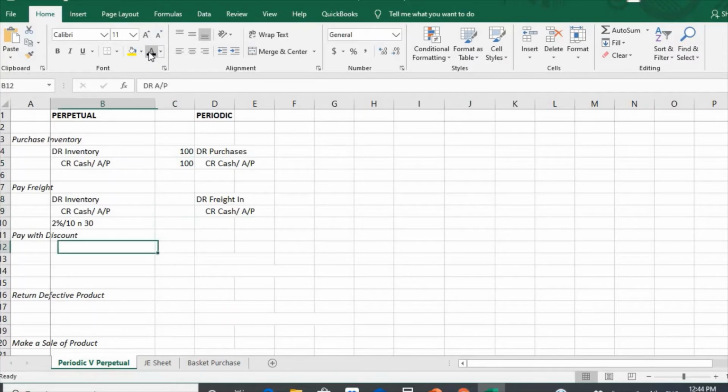So when I make my payment, I'm going to debit accounts payable, the full $100, because that's how much I've paid off. But the amount of cash I pay will only be $98. And that will be because I get a discount. My discount is $2. That discount gets recorded as a credit to inventory. It reduces the value of outstanding inventory.